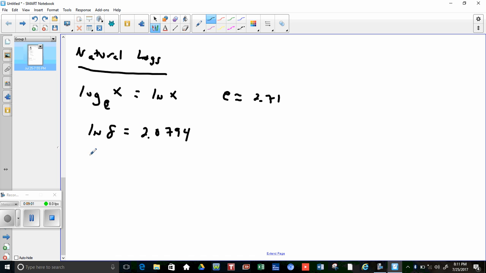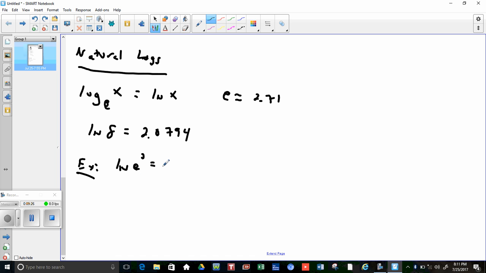Okay, same general idea. If we wanted to evaluate some things with natural logs, if we have the natural log of e to the 3rd power. Well, again, remember that the base here is e. So it's not written, but the base down here is e. So that would be e to some power equals e cubed.